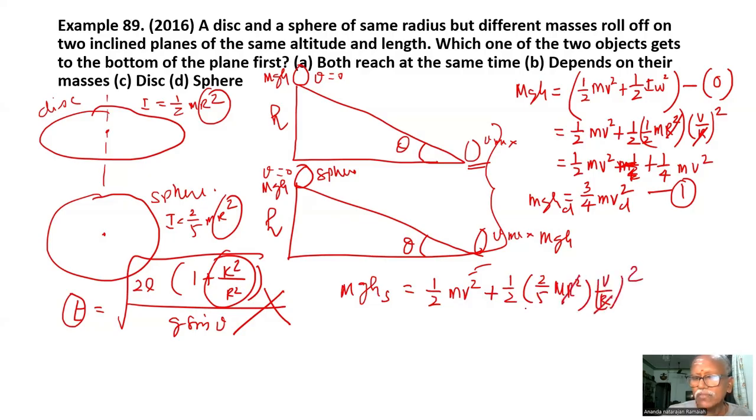R square gets cancelled. So 1 by 2 m v square plus 2 by 10 m v square, that is 7 by 10 m v square.